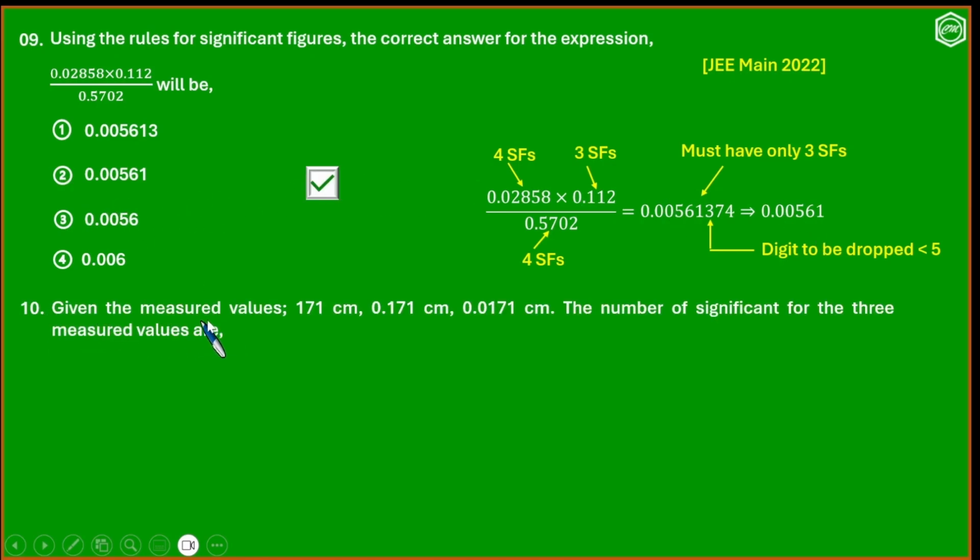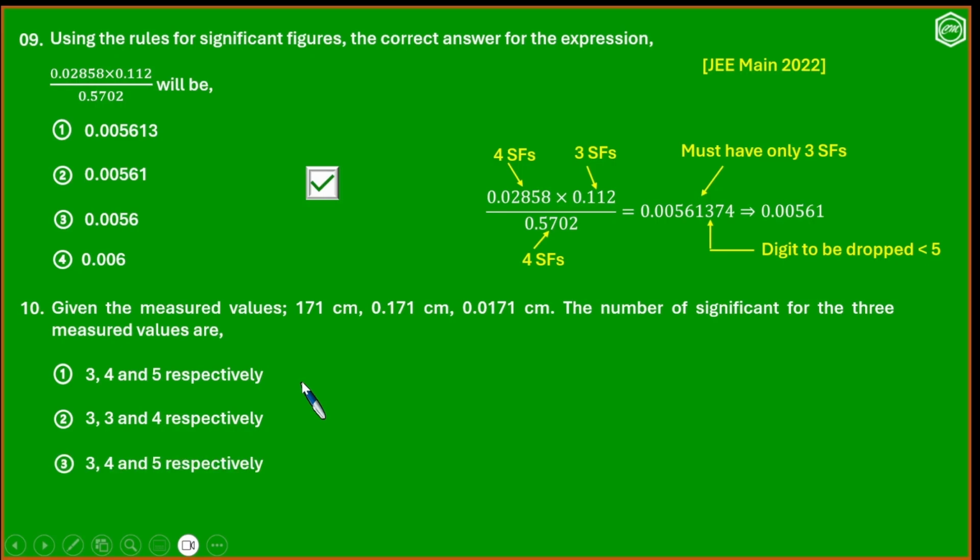Question 10. Given the measured values are 171 centimeter, 0.171 centimeter, 0.0171 centimeter, the number of significant figures for the three measured values are 1, 3, 4 and 5 respectively; 3, 3 and 4 respectively; 3, 4 and 5 respectively; 3, 3 and 3 respectively.